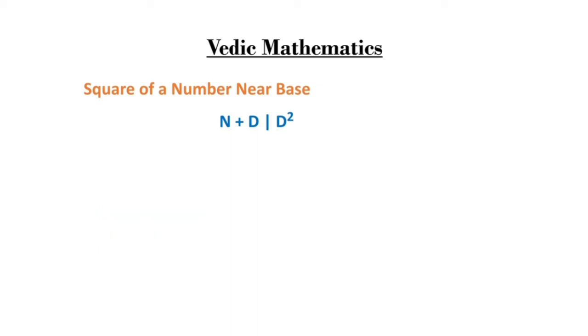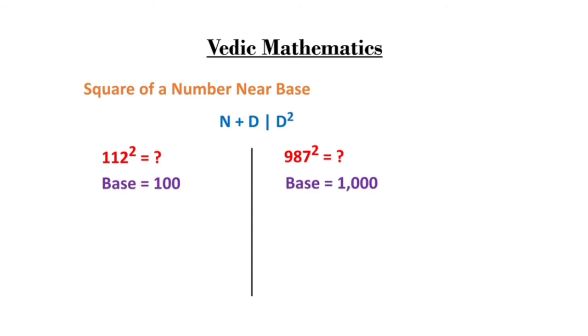Friends, for the sake of clear understanding, we will see a couple more examples. Let us try to find the square of 112 and 987. Observe carefully here. The base for 112 is 100 and 1000 is the base for 987. So for 112 square, the first part is 112 plus 12 equals 124, and the second part is 12 square, which is 144.